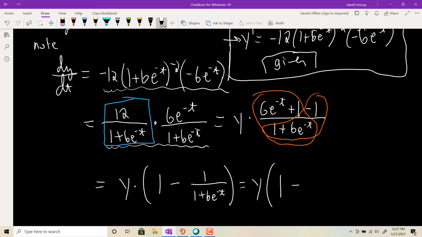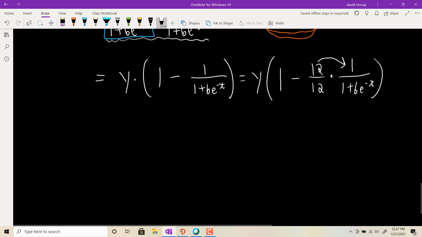So that's what I'm going to do. It doesn't change anything because 12 over 12 is the same as 1. And then I could rearrange it by pushing the 12 over into the numerator here, right? And then that's going to be y, and the 1/12 is 1 over L.